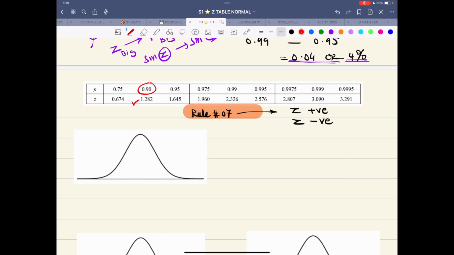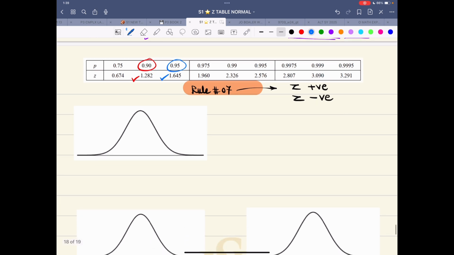Let me choose the 95% z value, which is 1.645. So let me use these two. Now this time, I'm writing over here, this is the positive z value, which is 1.645. This is the negative z value, which is negative 1.282.